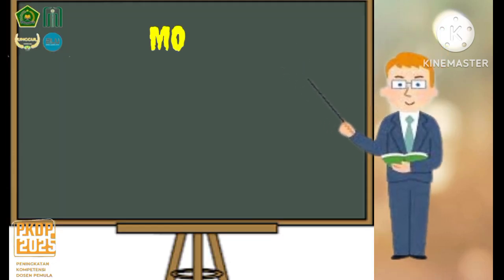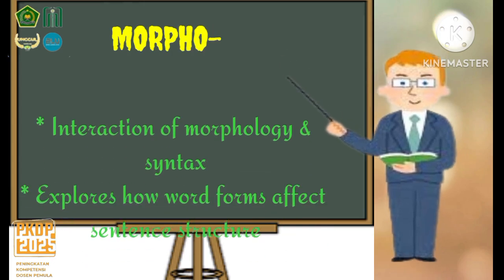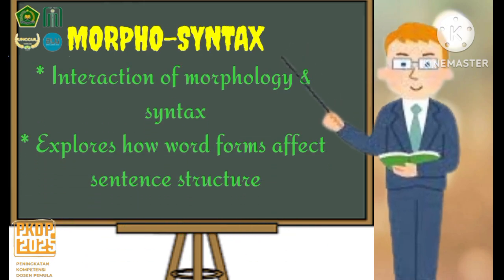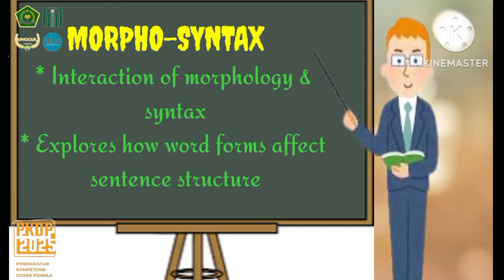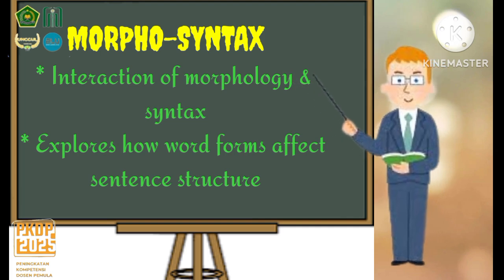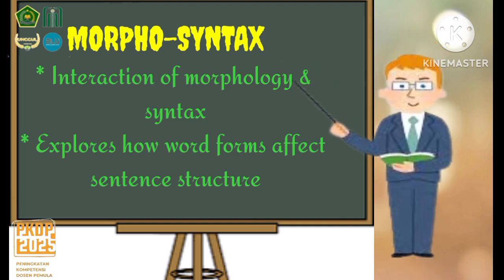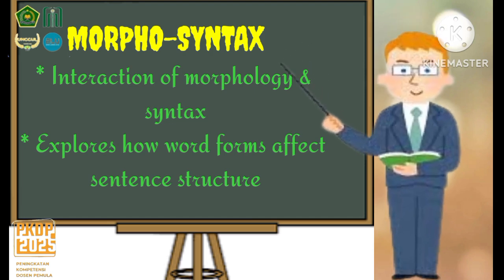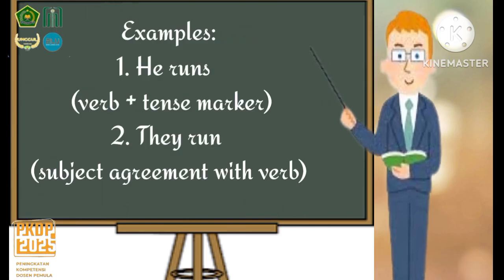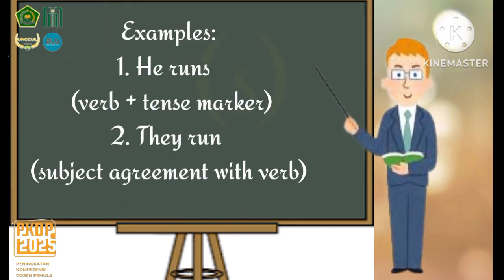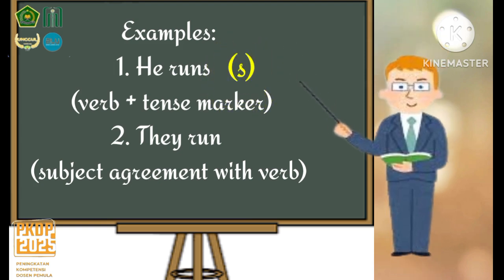And now we come to the relationship between morphology and syntax. What is morphosyntax? Morphosyntax means the interaction of morphology and syntax, as well as exploring how word forms affect the sentence structure. Let's see the examples. The first example is he runs.